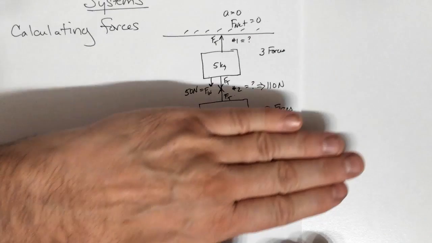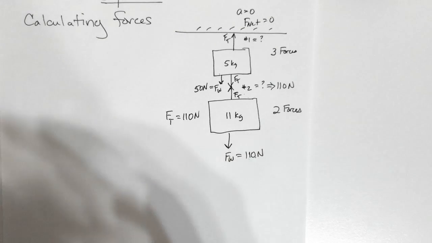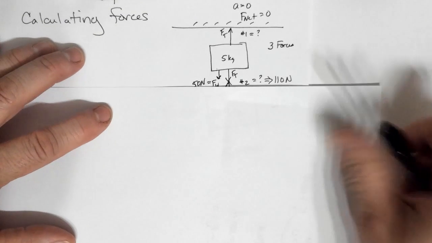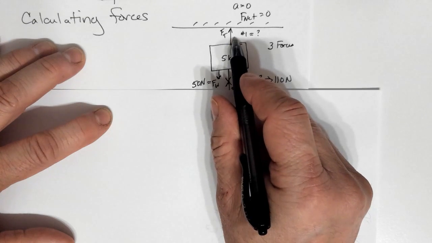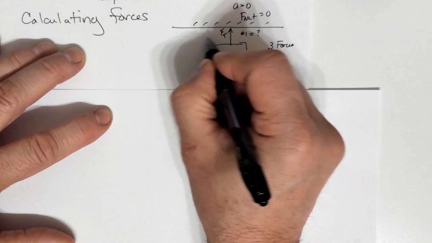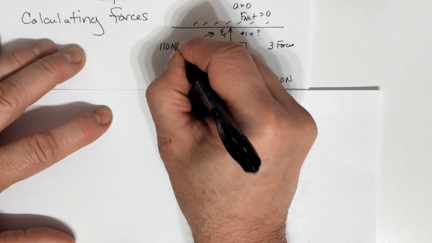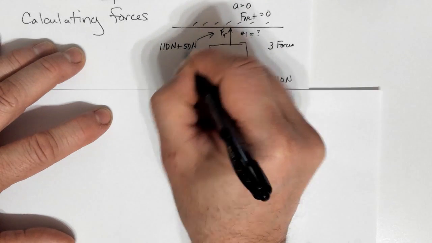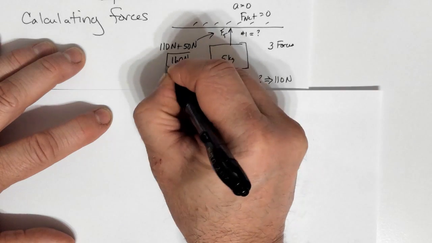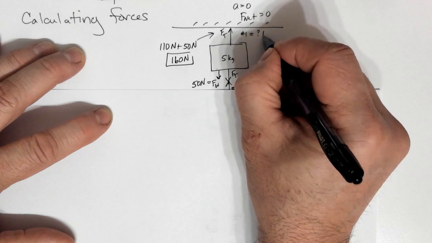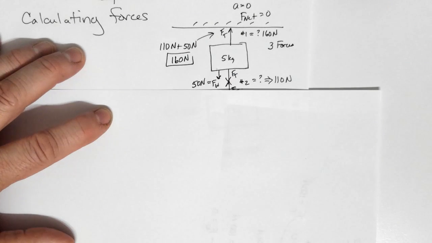So if I cover this up like this, I'm going to have to understand that these two downward forces have to be balanced upward. So then this one right here would be 110 plus 50 newtons. So it would be 160 newtons for my tension in this first one up here. Okay? So that's how you find it.